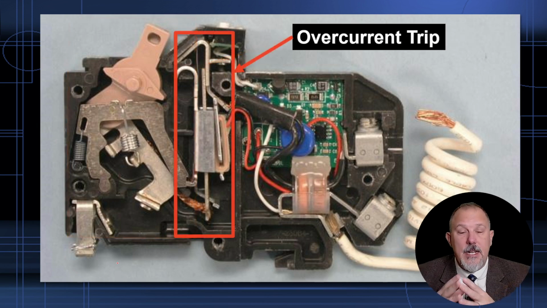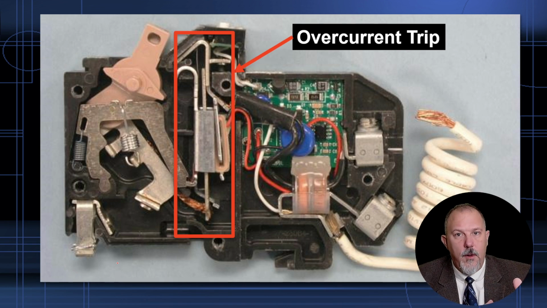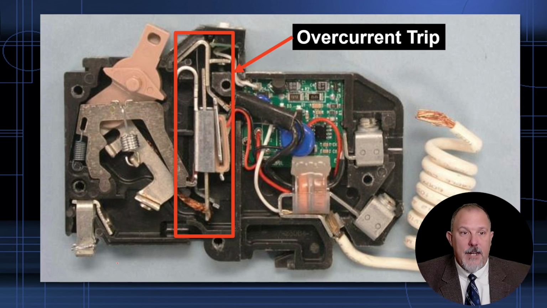Now, this piece in here in the middle is your standard bimetal. That handles the thermal and the instantaneous on the circuit breaker. I have my mechanical operation that has the levers and the springs, and I have my bimetal that establishes my trip curve.